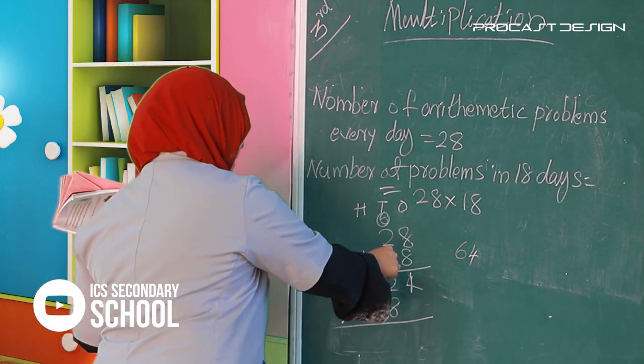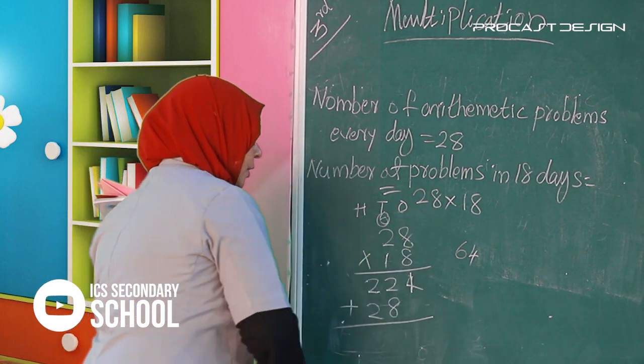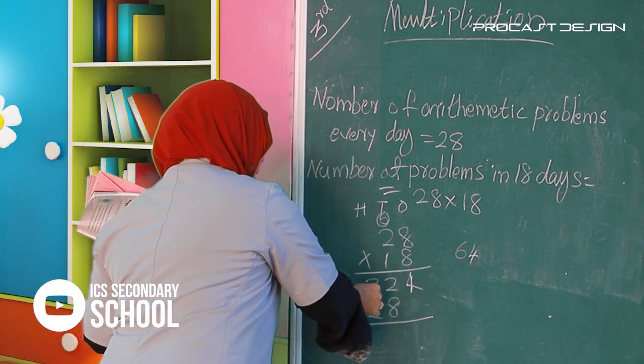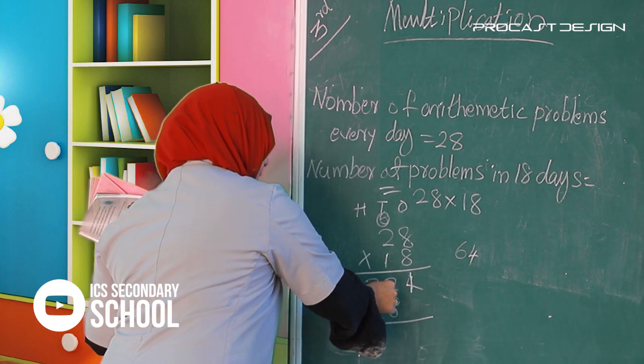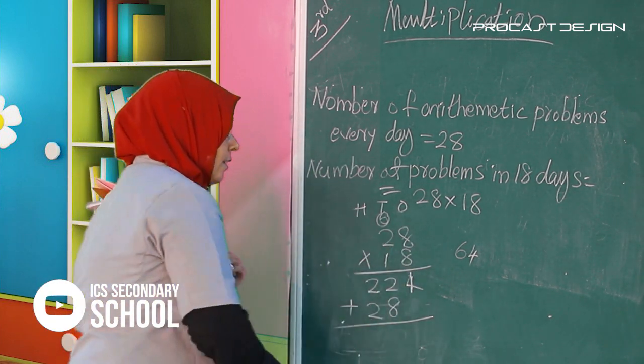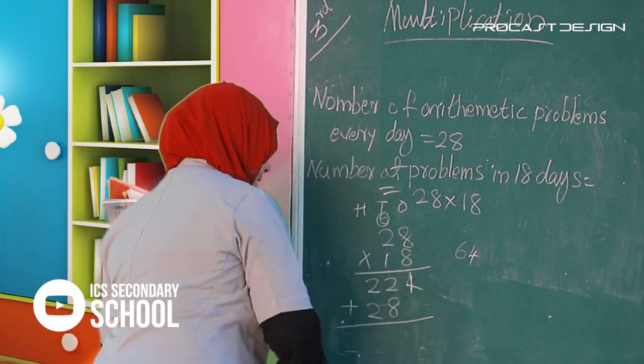Listen. Next, first 8 into 28, next 1 into 28. 8 into 28 equals 224. And 1 into 28 equals 28.